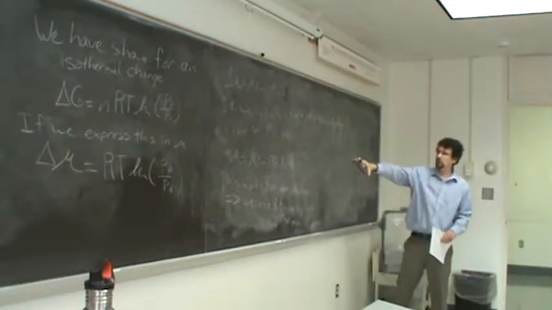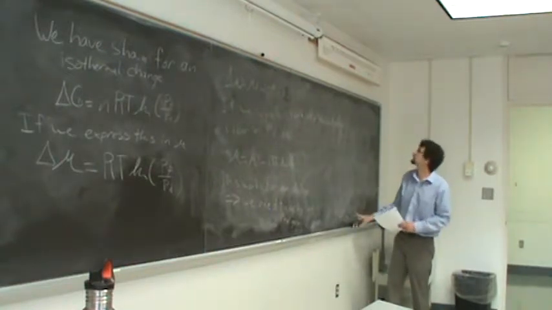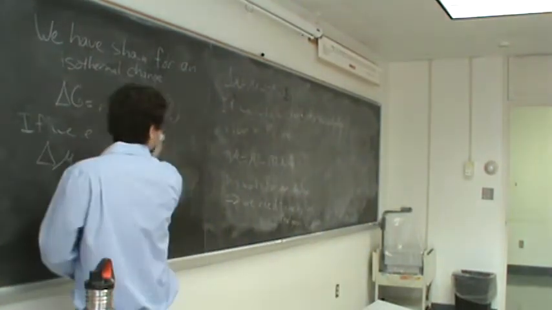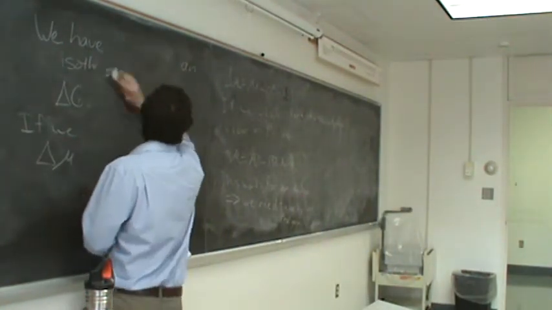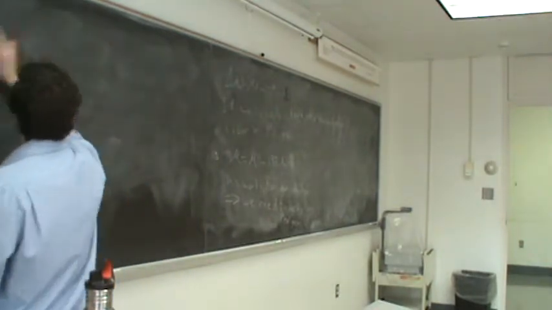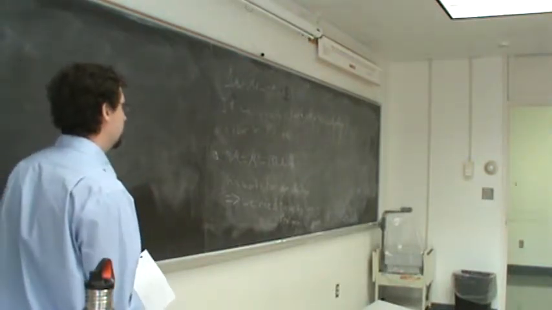Since our chemical potential depends on the pressure, that's what we need to express this correctly. So how are we going to change our expression here to represent fugacity?